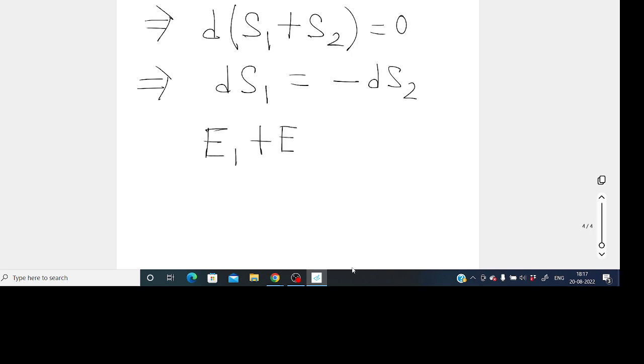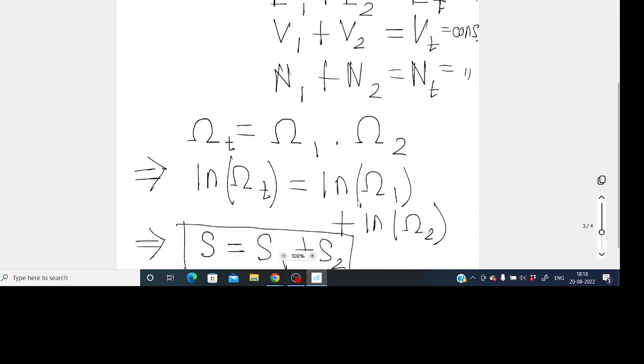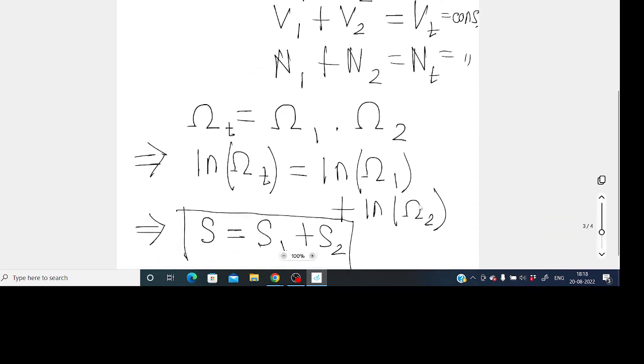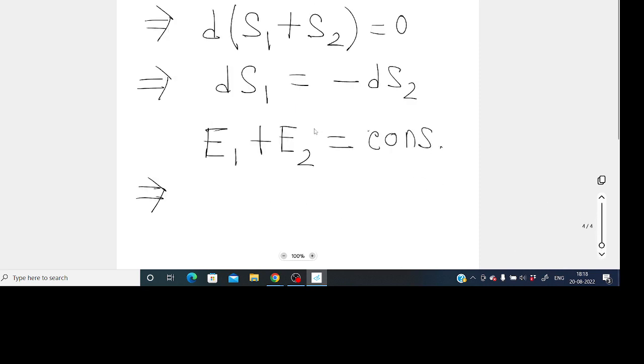Now E1 plus E2 is also constant, as the overall system is an isolated system. Okay, so now I will take differentiation on both sides of this equation.